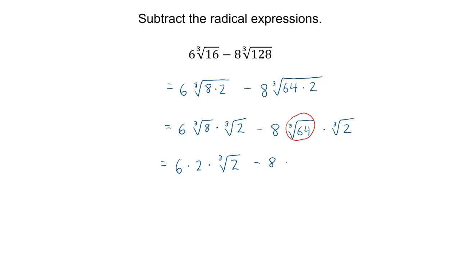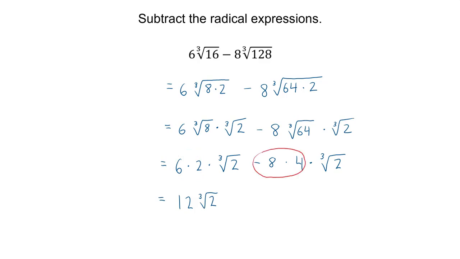The cube root of 64 is 4, because 4 times 4 times 4 is 64. And again, the cube root of 2 is a fully simplified radical expression, because there are no perfect cubes that will evenly divide 2. So in the second term we have minus 8 times 4 times the cube root of 2. Keep simplifying. In the first term, 6 times 2 is 12. So we have 12 cube roots of 2.